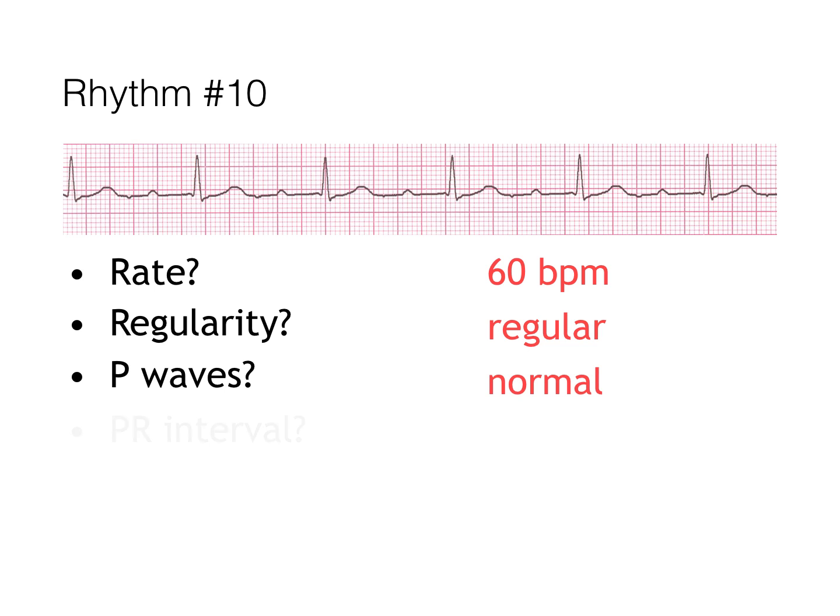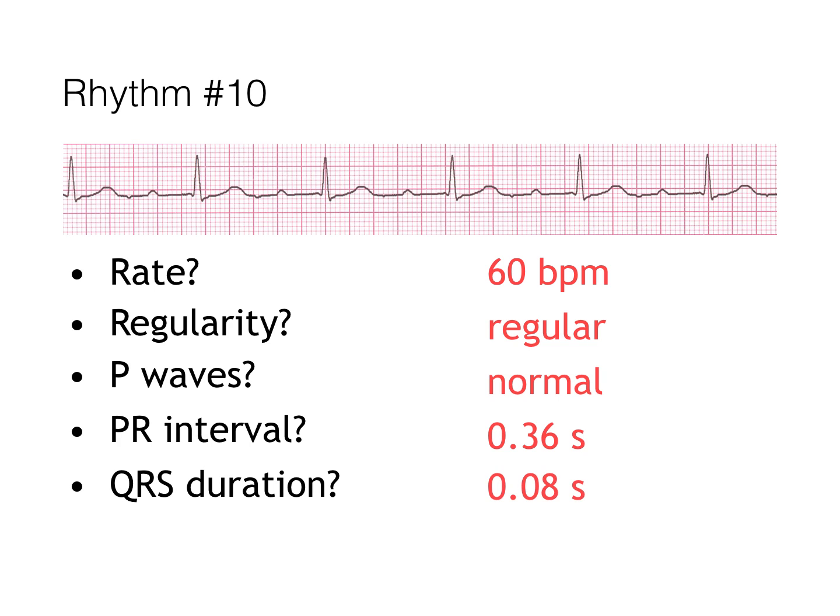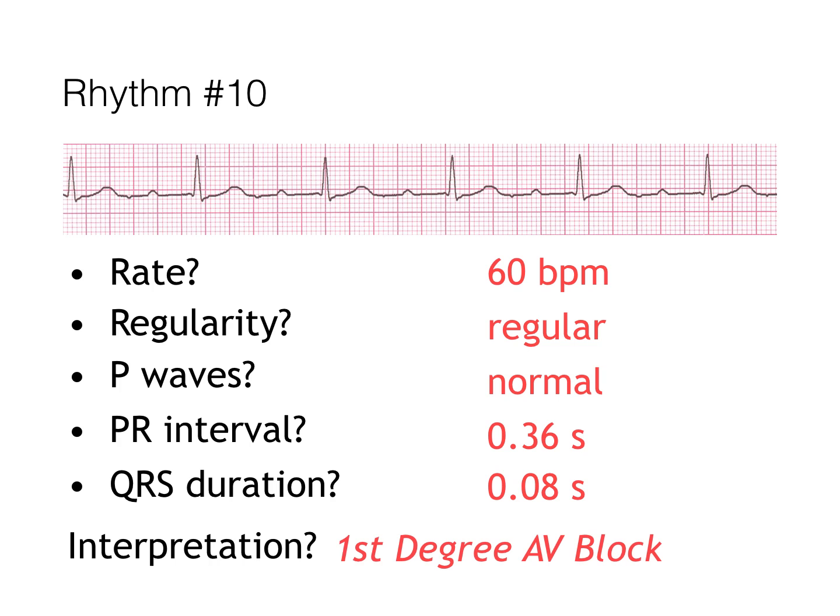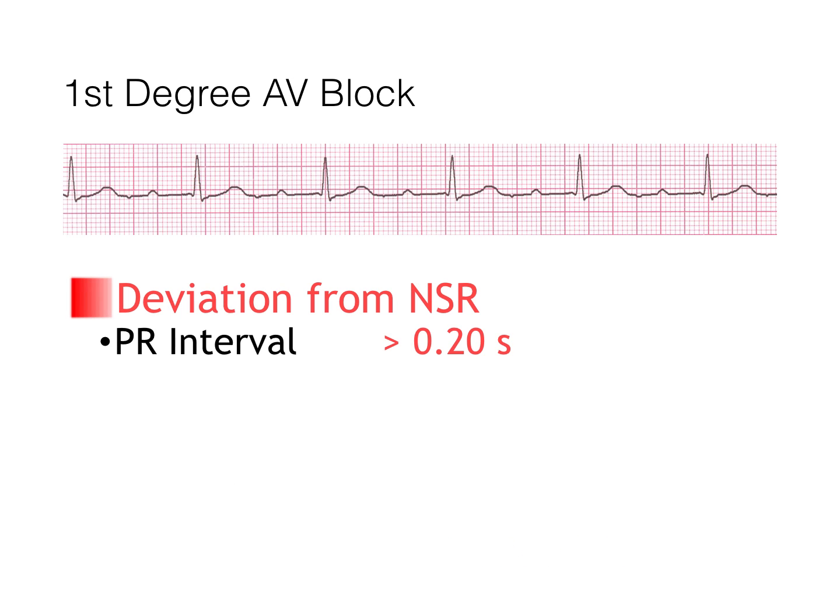But about the PR interval, we can see the PR interval is 0.36 second, which means it is prolonged. The QRS complex is of normal duration. So the interpretation is first degree AV block because it deviates from normal sinus rhythm by an increase in the PR interval, which is more than 0.2 second.